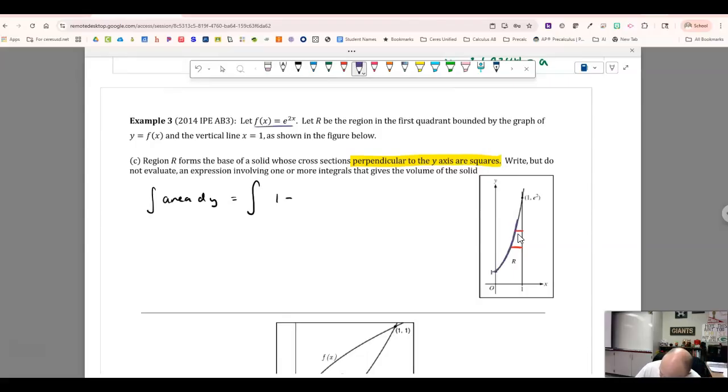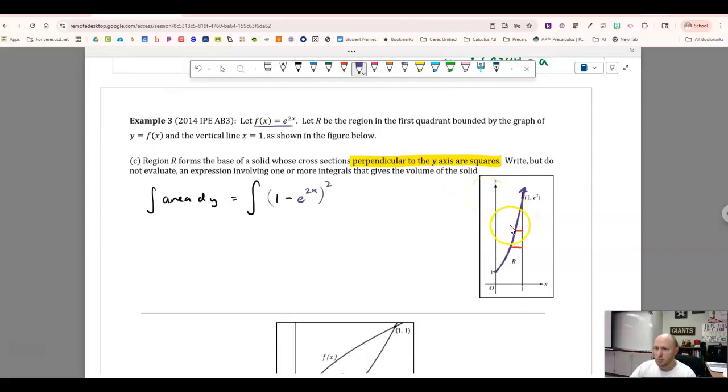So f right here, that is e to the power of 2x. So 1 minus e to the power of 2x, that would be this distance right here, okay? And so I'm going to go ahead and put this squared.